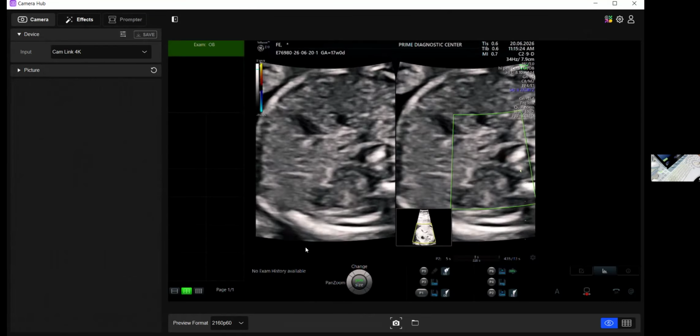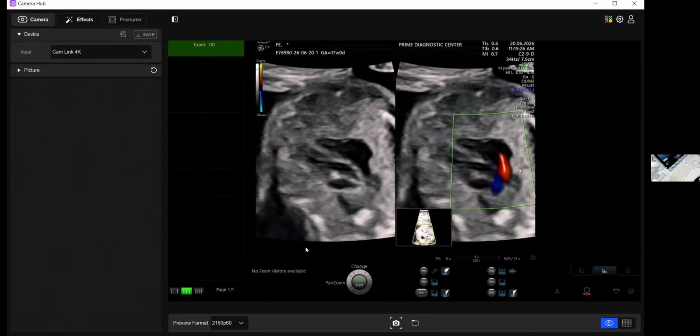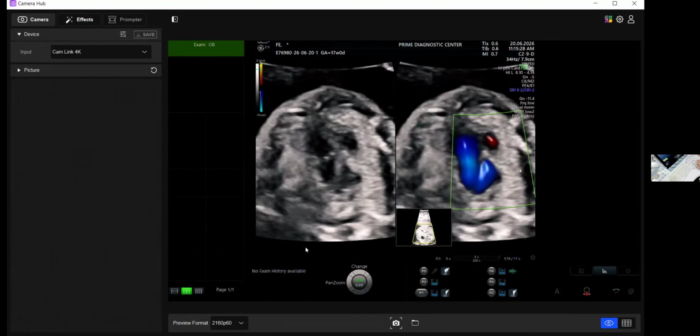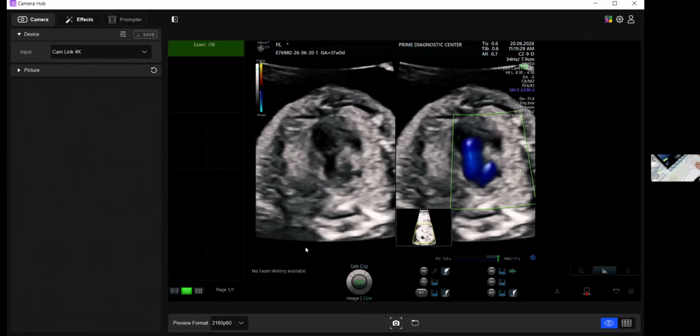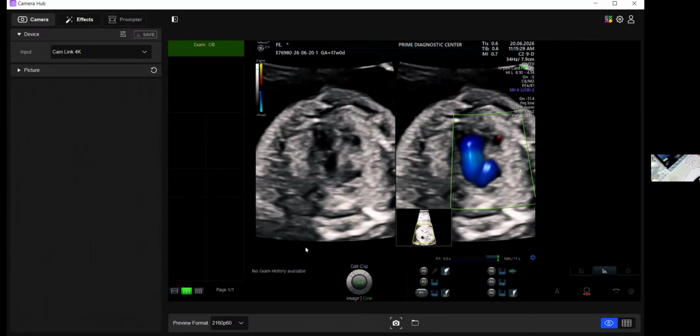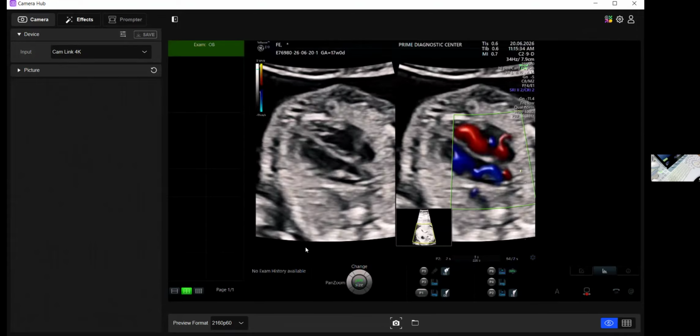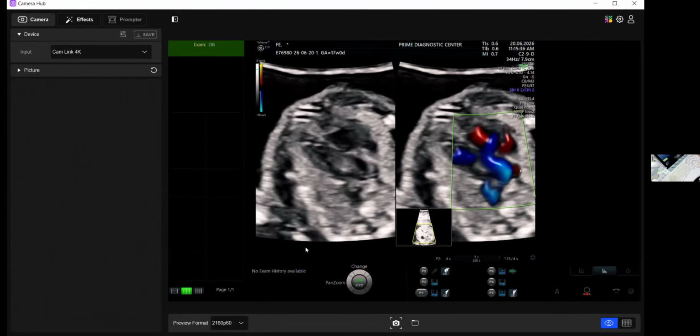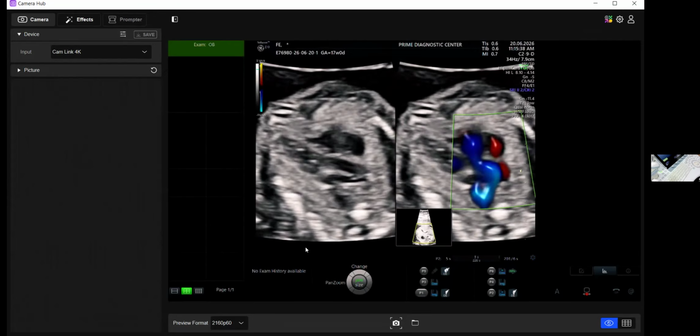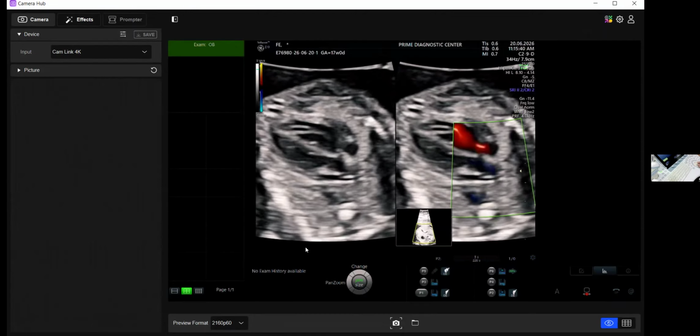The fetus has moved a little bit, but then I get the RVOT view, and a little better we get the three vessel trachea view.